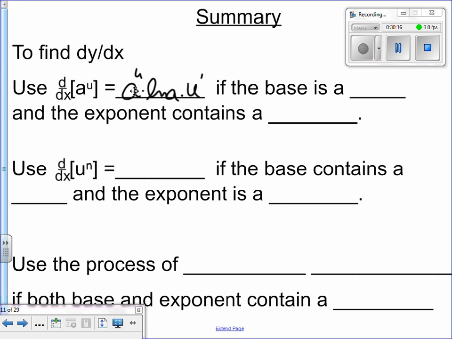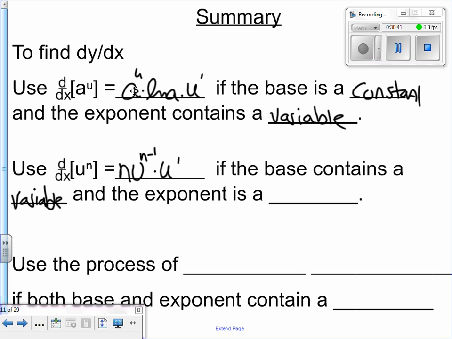All right, so if the base is a constant and the exponent contains a variable, use the power rule, where the derivative would be n u to the n minus 1 times u prime. If the base contains a variable and the exponent is a constant.